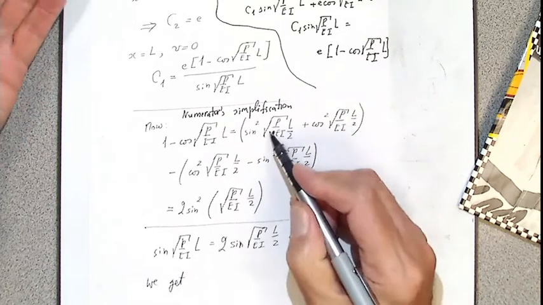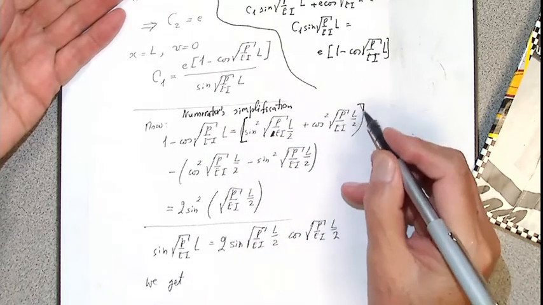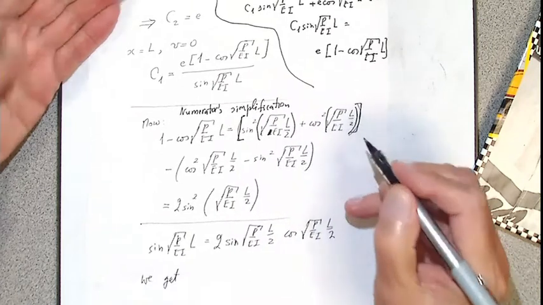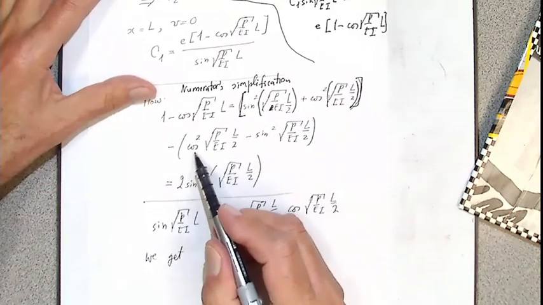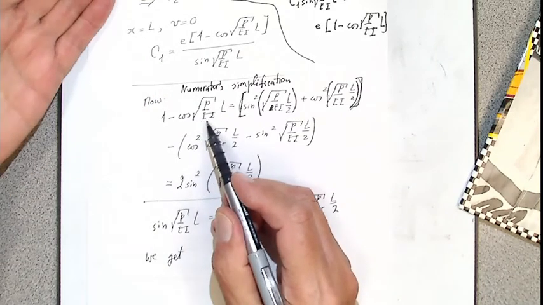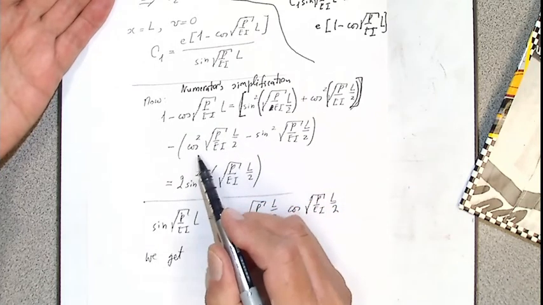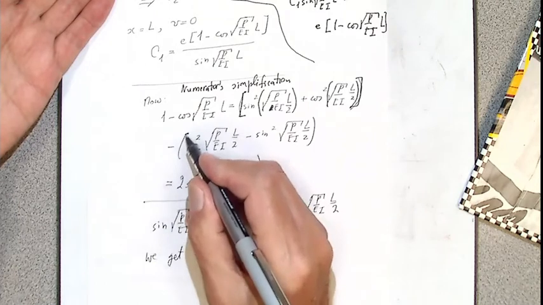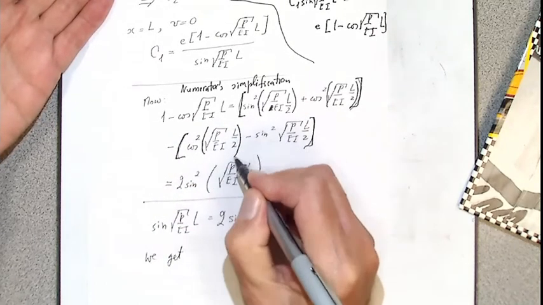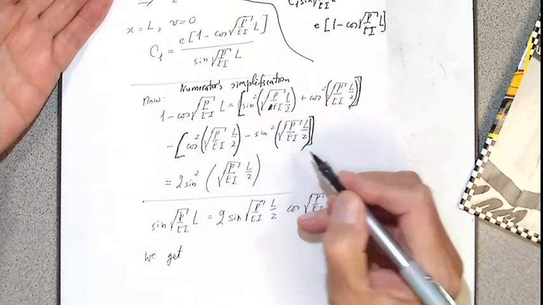I can actually choose any argument that I want to use, okay? Then minus cosine. Now cosine can be expressed in terms of the half argument as cosine square minus sine square of the half argument.